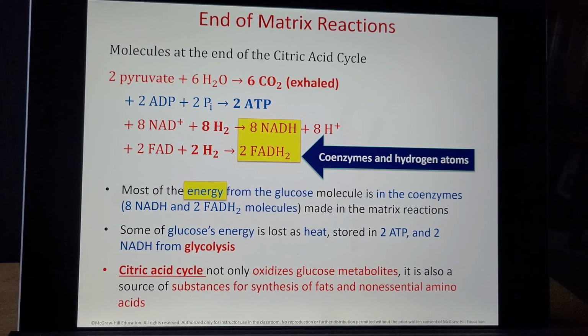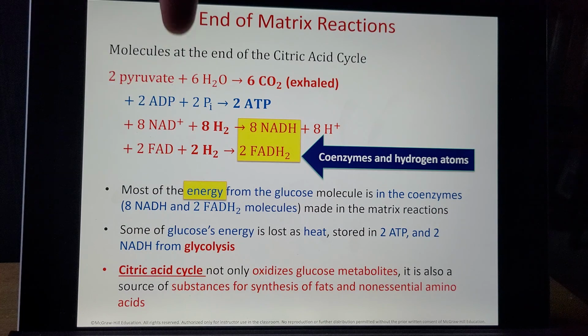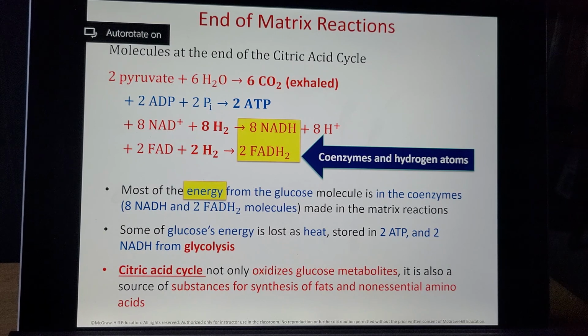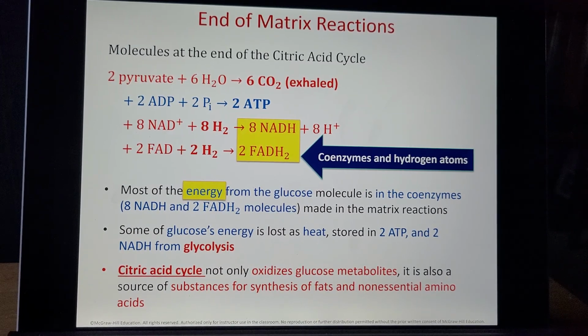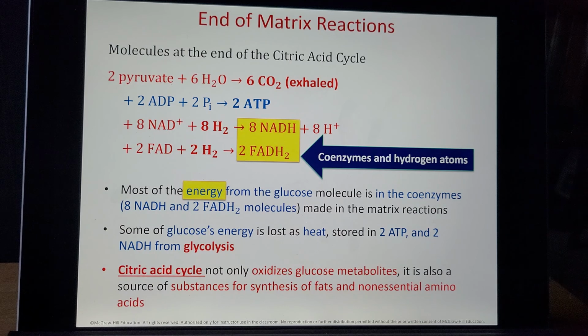At the end of our citric acid cycle, whatever the little bits and pieces inside are doing, our 2 pyruvate molecules have water added to them, and we end up creating 6 molecules of carbon dioxide, which we exhale. So that's why we breathe out carbon dioxide. What's left are a bunch of hydrogen atoms stuck on our NAD+ and FAD coenzymes.